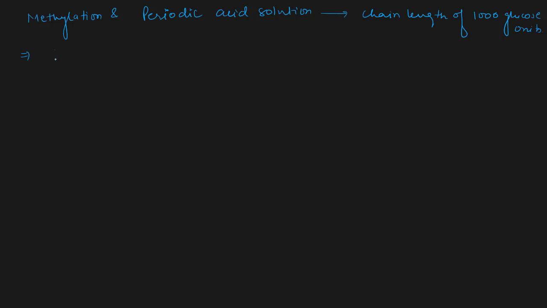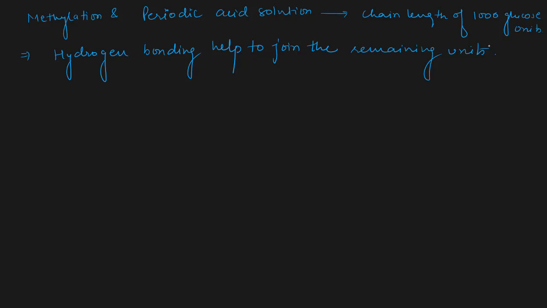These chains are held together by hydrogen bonding. So basically hydrogen bonding helps to join these long chains side by side, in the form of ropes.